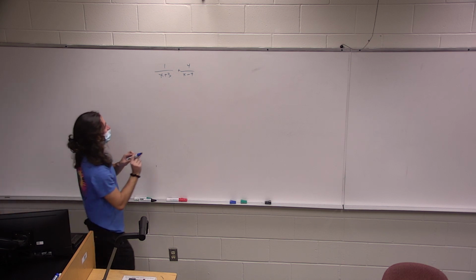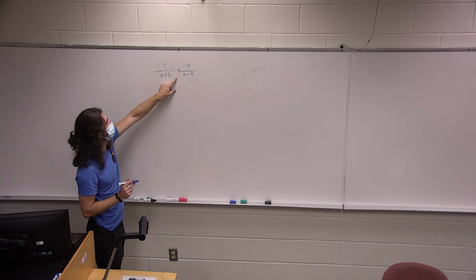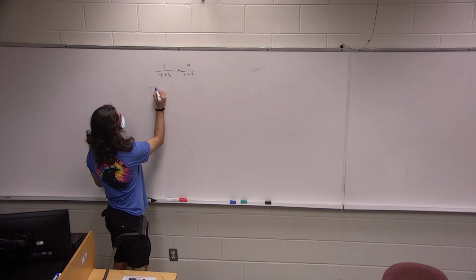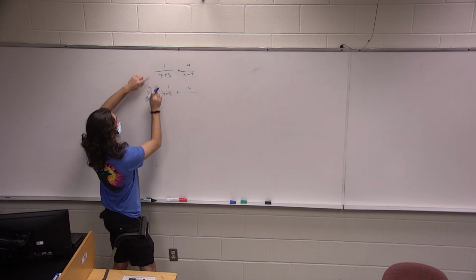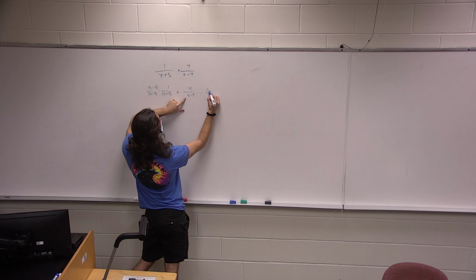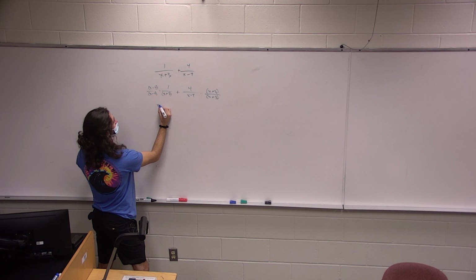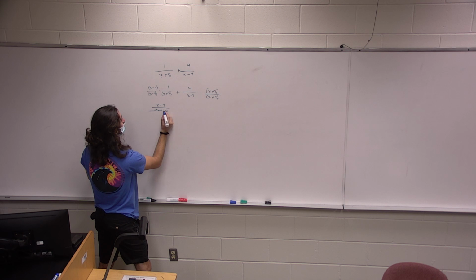Okay, so putting things like this together, right? There's a straightforward algebra algorithm you can do to put these things together, right? You have to give them both a common denominator. So this term we have to give an x minus 4 in the denominator, and this term we have to give an x plus 3 in the denominator. And then once we've done that, they both have the same denominator of whatever the product of those is, which I suppose I can work out would be x squared minus x minus 12.